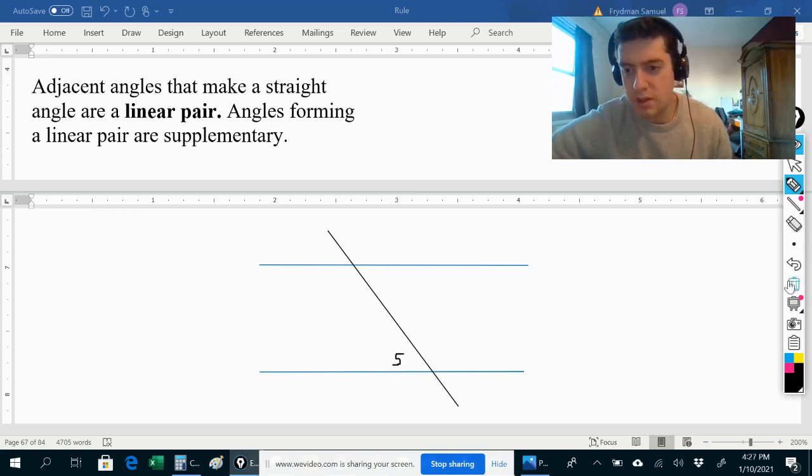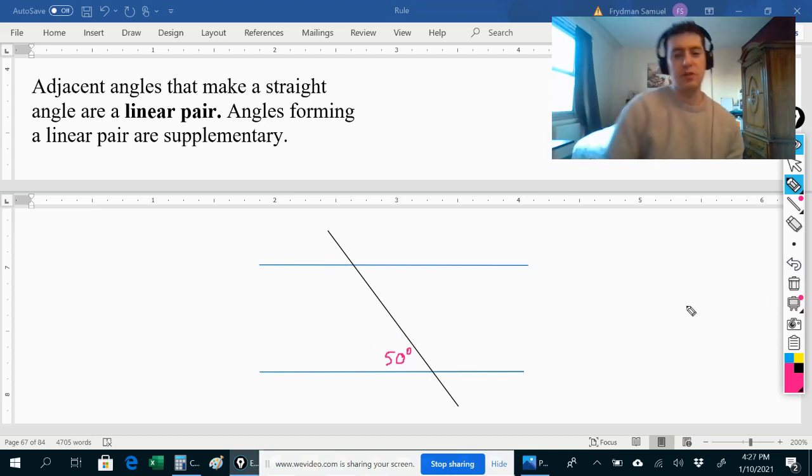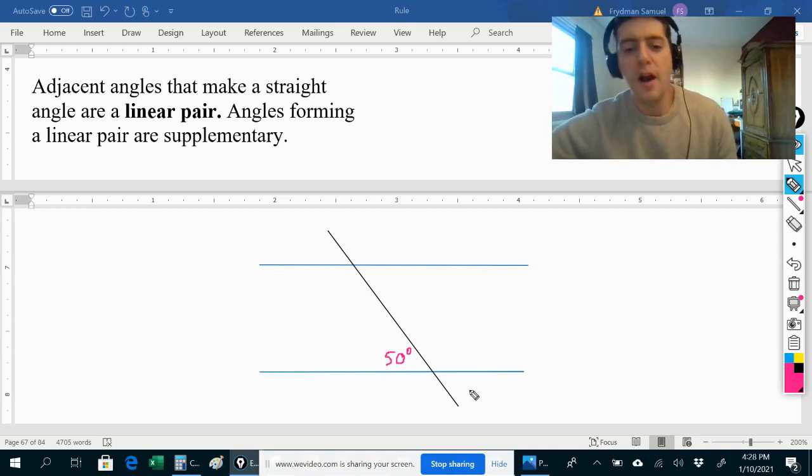Let me use a nice bright color here. So this angle, the rotation from here to here, let's just say that's 50 degrees. I don't have a protractor on me. It might not be exactly 50 degrees. If you have a protractor lying around at home and you want to put it up to the screen, you can see if I'm right or wrong, but it's about 50 degrees.